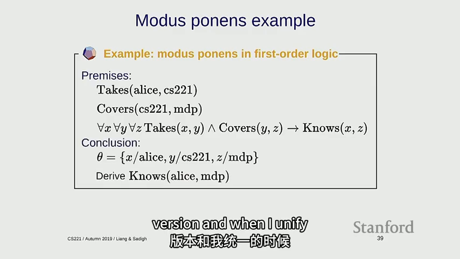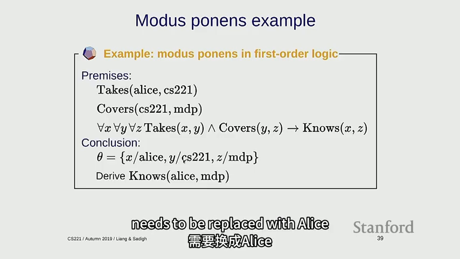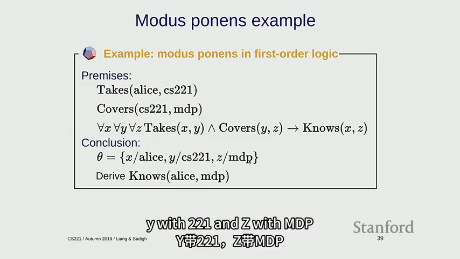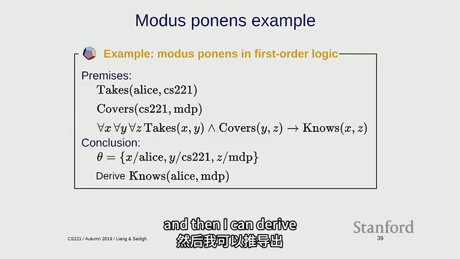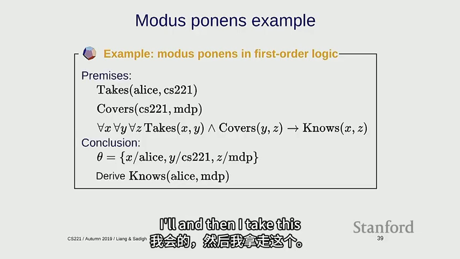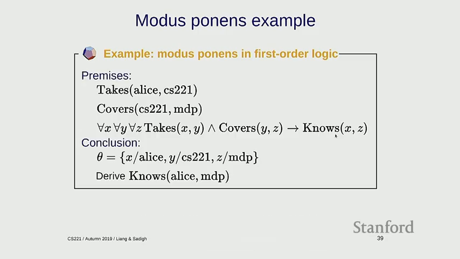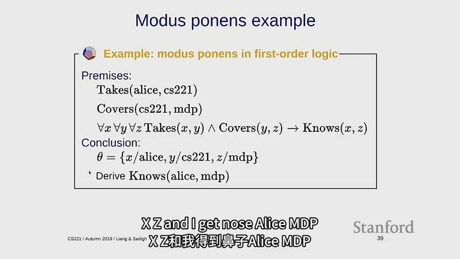And when I unify, I get the substitution: x is replaced with Alice, y with 221, and z with MDP. Then I take this theta and apply that substitution to Knows(x, z), and I get Knows(Alice, MDP).